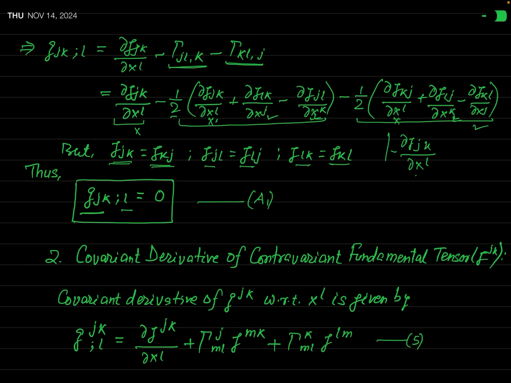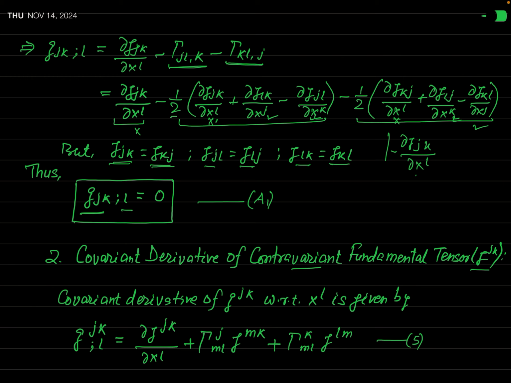Now, in a similar manner, we are going to prove that the covariant derivative of a contravariant fundamental tensor, which will be denoted by the symbol G superscript jk, is also equal to 0. But how can we prove it?